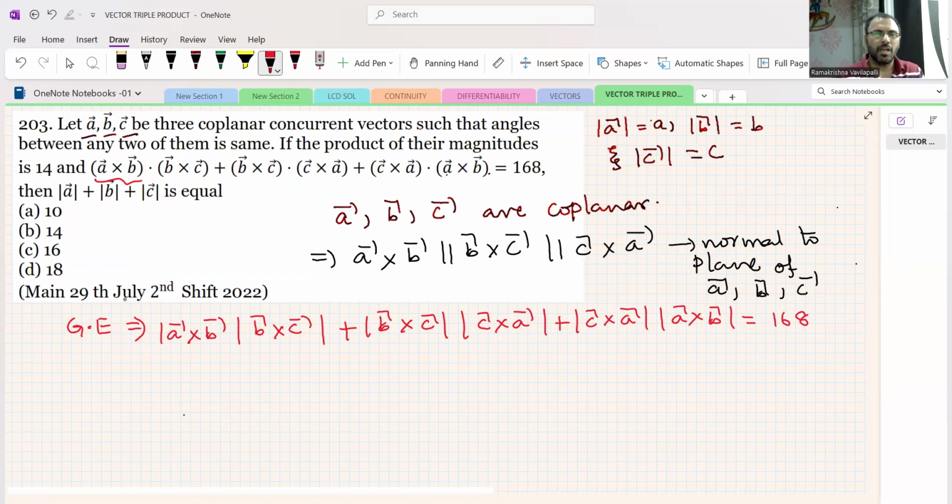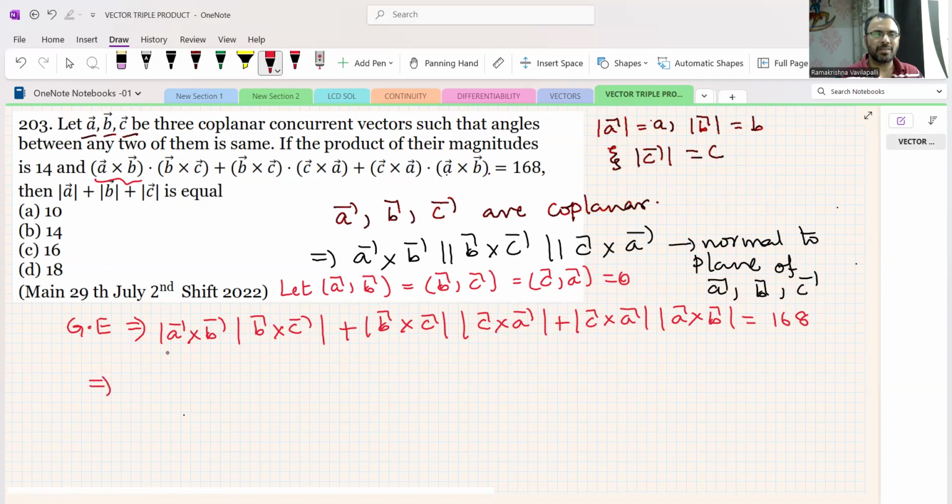Right. Assume that the angle between A bar and B bar, equal to B bar and C bar, equal to C bar and A bar, equal to some theta, such that angles between any two of them is the same. That is given. So I'll apply that.